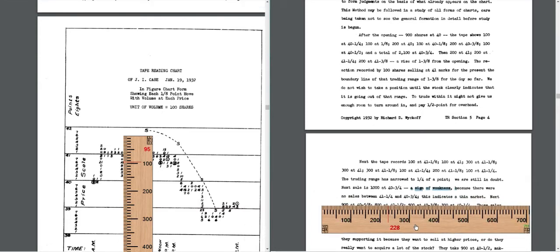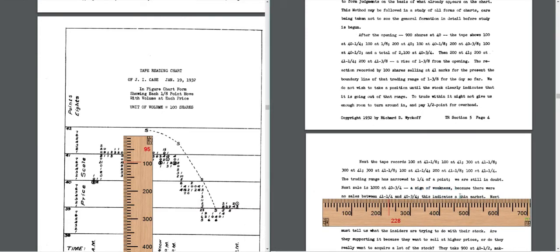This indicates a thin market. This is another concept that needs to be understood: the difference between a thick market and a thin market. In a thick market, there's trade at almost every level, every price, and there's a lot of volume at every price. In thin markets, you can have a lot of volatility because there aren't orders at every single tick, and that's why it's a thin market.